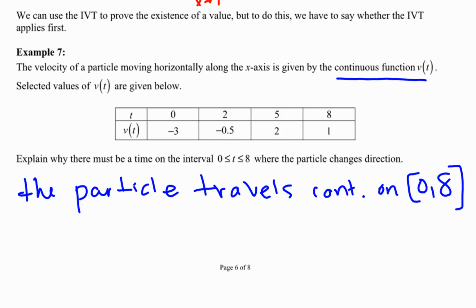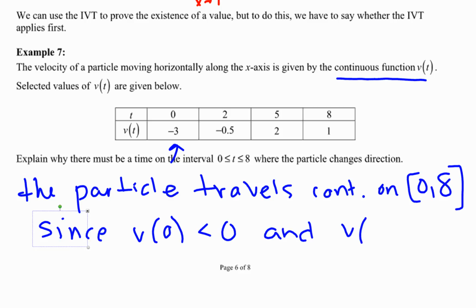Now, how do we know that the particle changes direction? Well, look at this. Since this part is negative, that's negative velocity, and this part is positive.